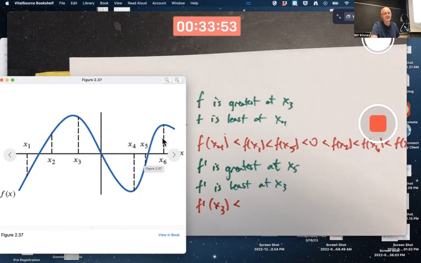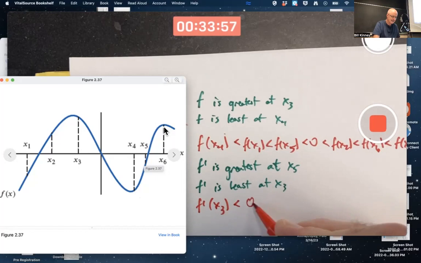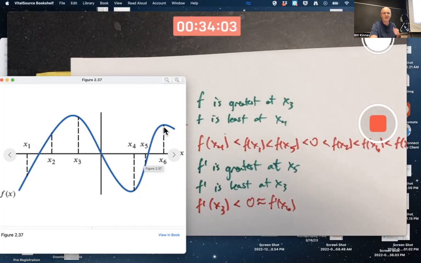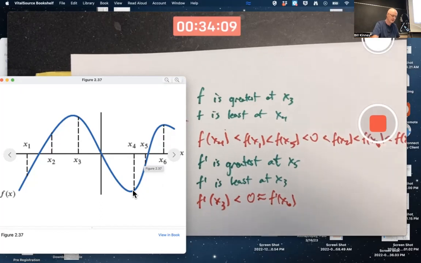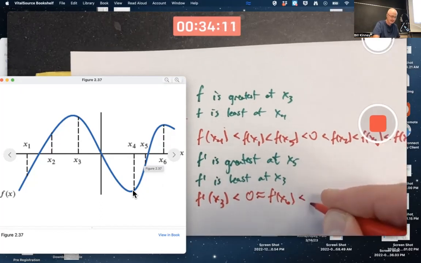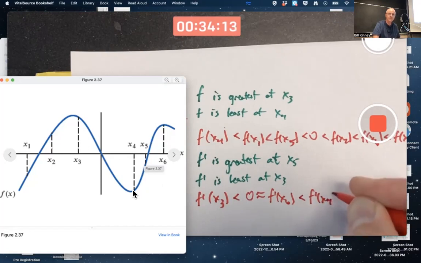Yeah, I would say that's so close, I'm going to call it effectively 0. This is less than 0, which at least is approximately f prime of x6. And all the other slopes are at least slightly positive. At x4, it's ever so slightly positive in slope. So I'd write this as less than f prime of x4.